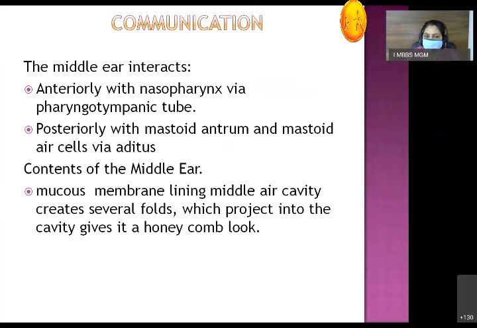And the contents of this middle ear: there is mucous membrane lining the middle ear cavity, which creates folds which project into the cavity, and it gives the honeycomb appearance to the cavity.